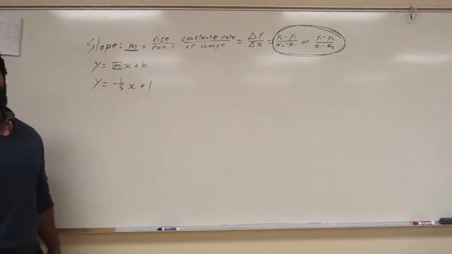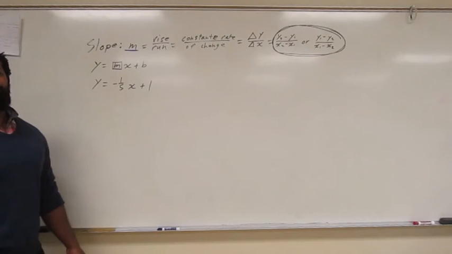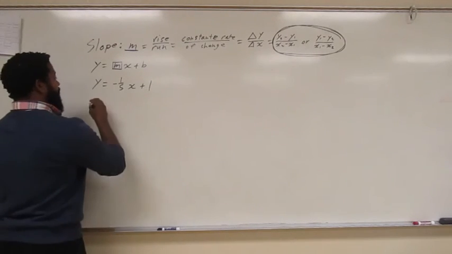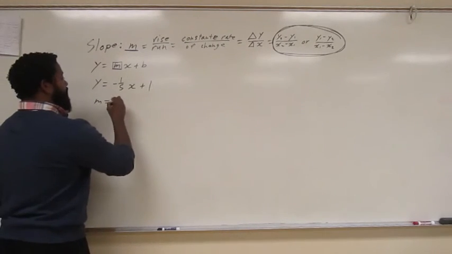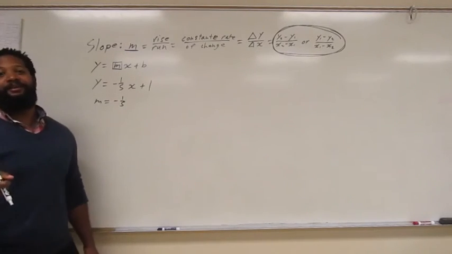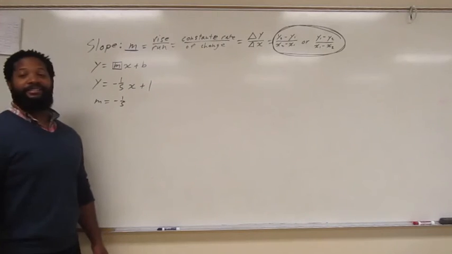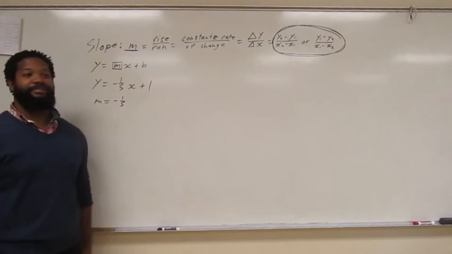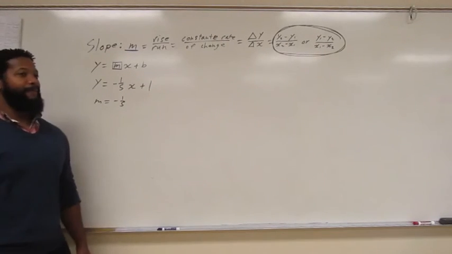Negative 1/5. M is equal to negative 1/5. Not trying to trick you. It's plain and simple. That's the answer.